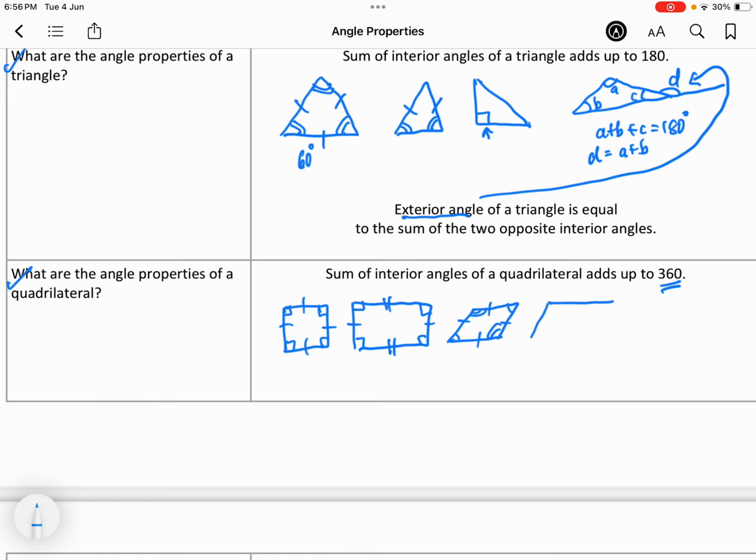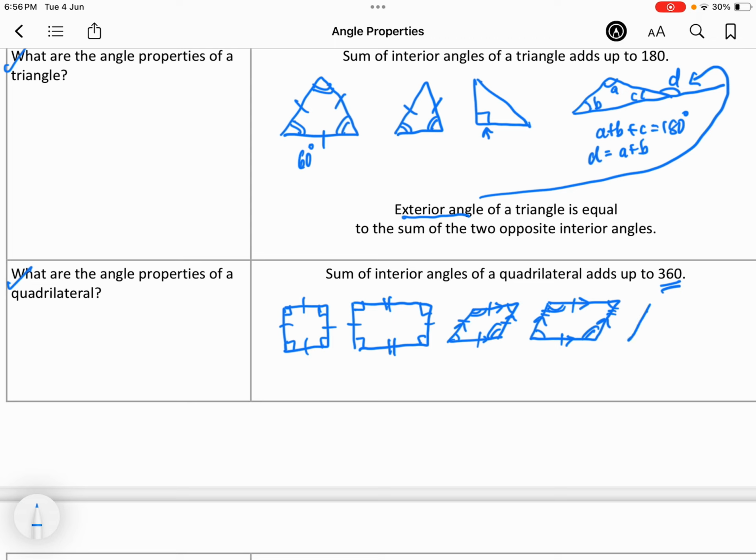And you can have a parallelogram. A trapezium has parallel sides as well. For a parallelogram, opposite angles are equal, opposite sides are equal, and all four angles add up to 360.